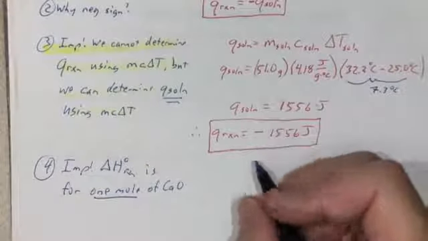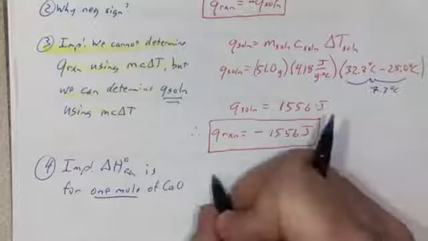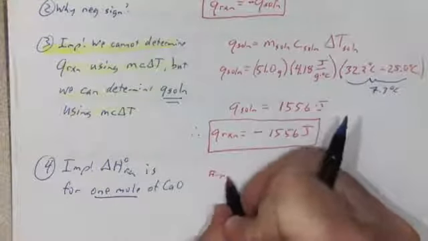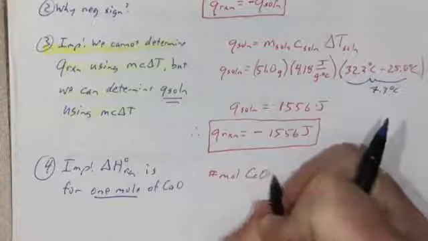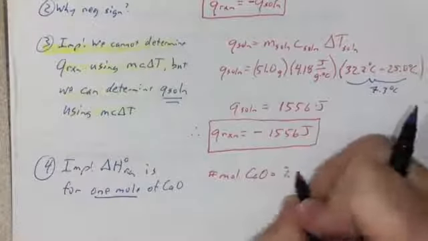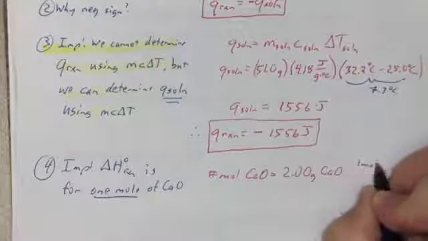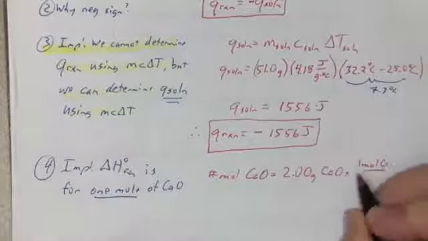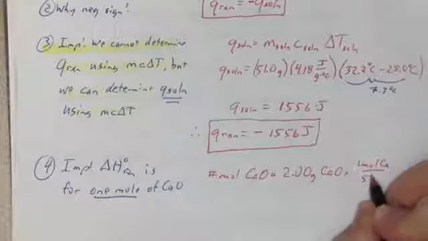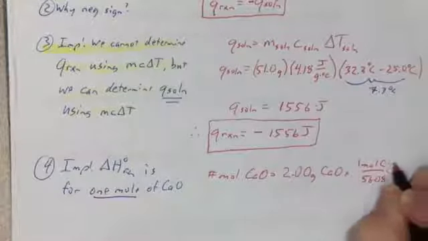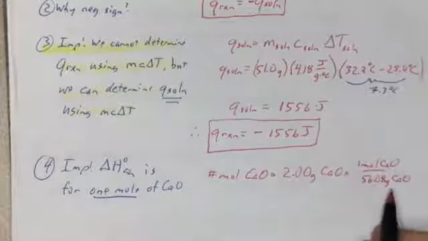And so the number of moles of calcium oxide that we had in this problem is equal to 2 grams of calcium oxide times 1 mole of calcium oxide per, from the periodic table, 56.08 grams of calcium oxide. Okay, so this is the molar mass.